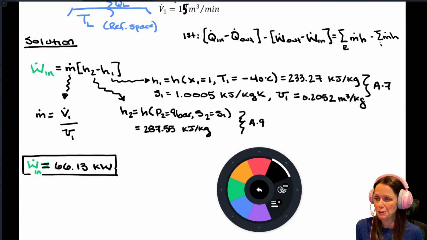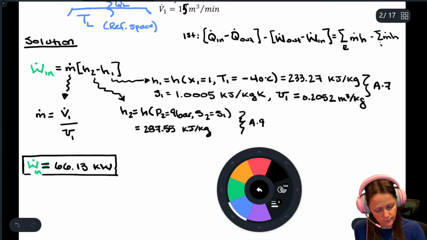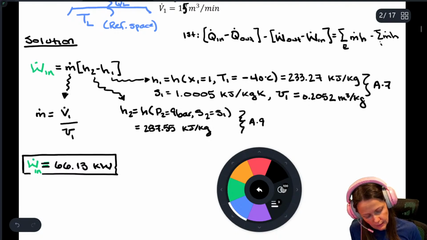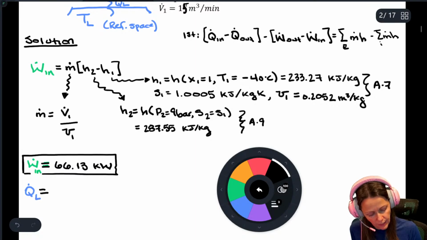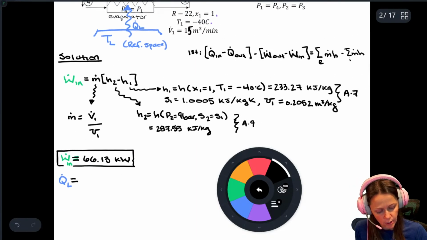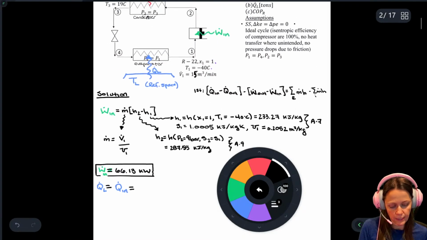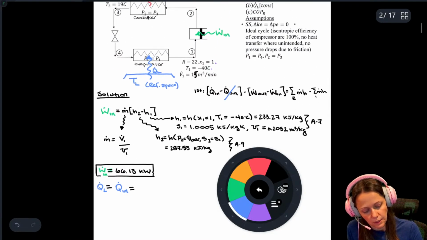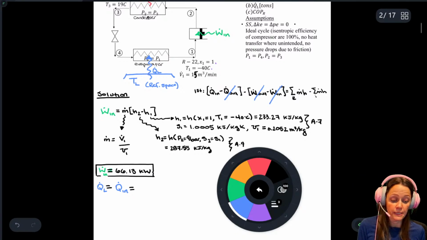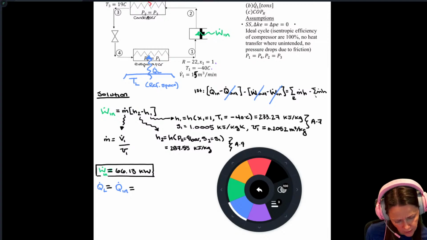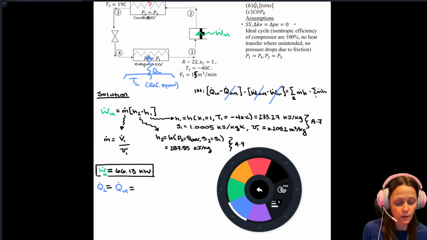I've got to figure out what Q dot L is. So that Q dot L is a Q dot N to my system. It's a Q dot N in between 1 and 4. So I'm going to cancel out all these guys, and I'm going to see it's the stuff going in minus the stuff going out. Actually, wait a minute, I'm sorry. Stuff going out minus stuff going in.